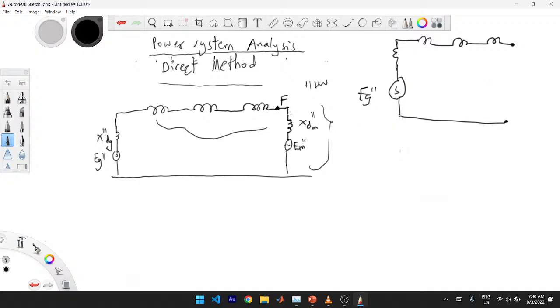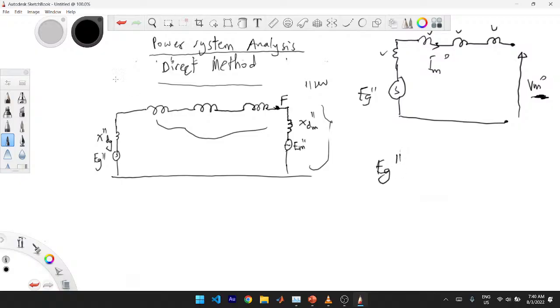Then the voltage at this terminal, post fault, is the voltage at the terminal, Vm naught. And the generator is supplying that Im naught to the motor. Right now we will use this circuit. We know Vm naught, we know I naught, and we know all these impedances. So we can use this circuit to find Ej prime.